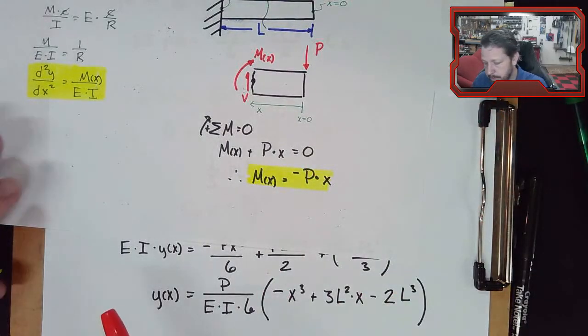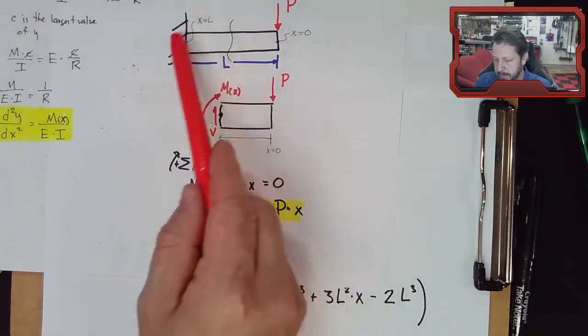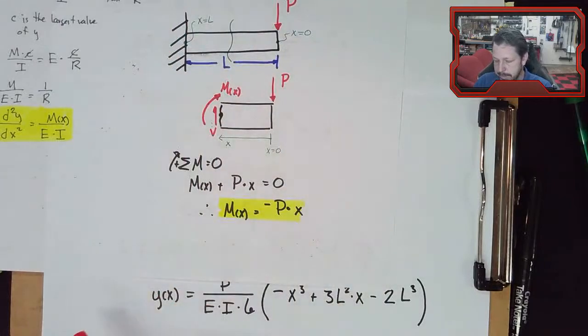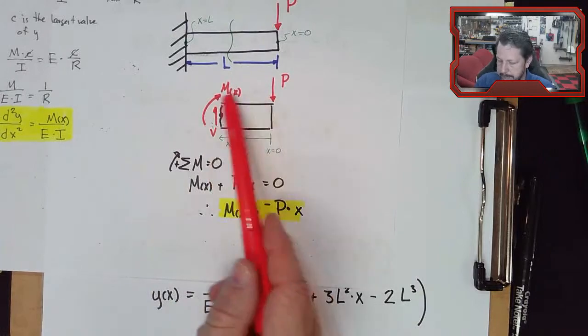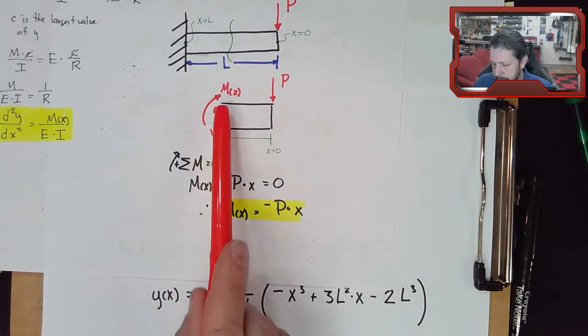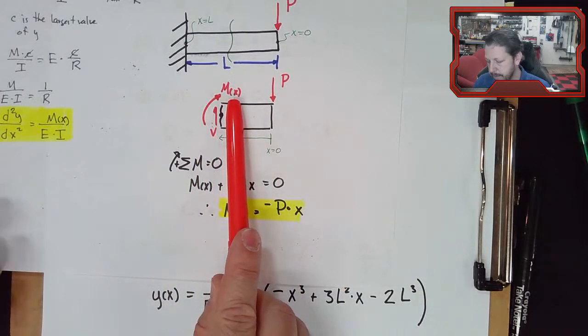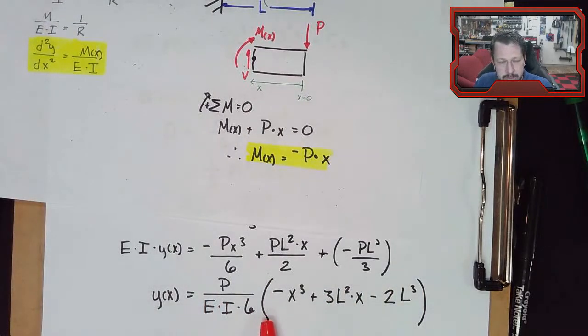So you do have to know something about the original free body diagram of how this bending moment was created in order to properly use the equation of the elastic curve.